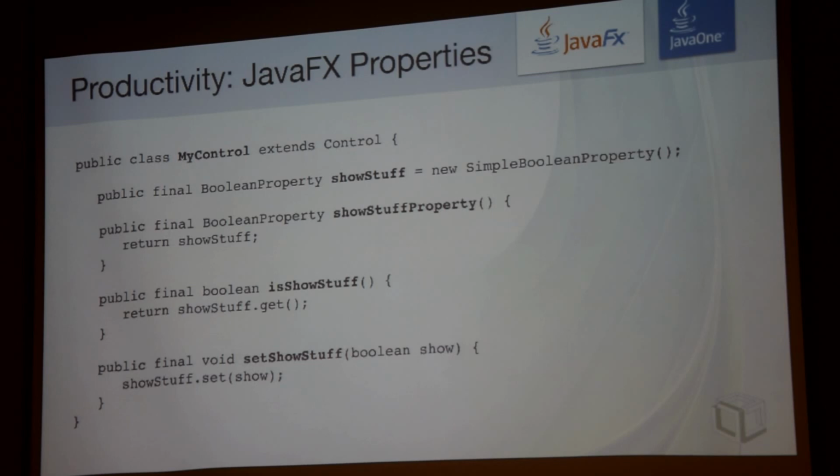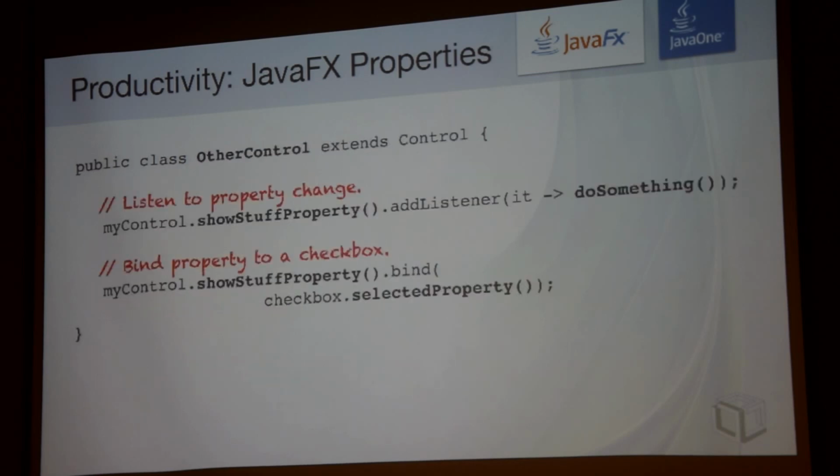Right? And if you want to react to changes to it, you can just attach yourself like this. You can say myControl.showStartProperty().addListener, showStartProperty().bind(checkBox.selectedProperty()). So this is very straightforward and much less code than before, and much more readable than before.